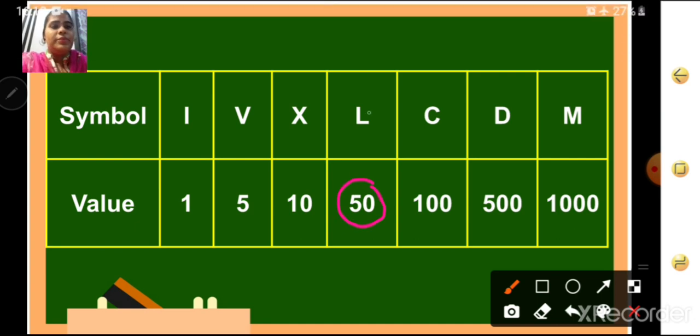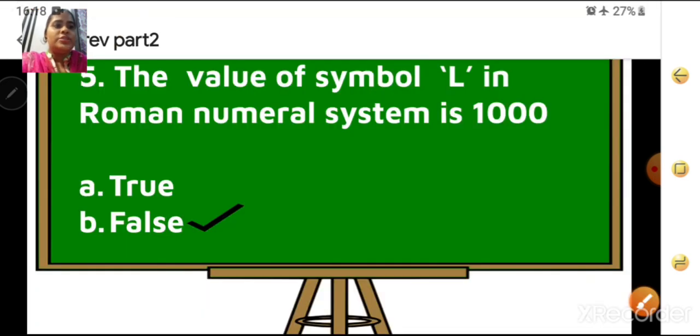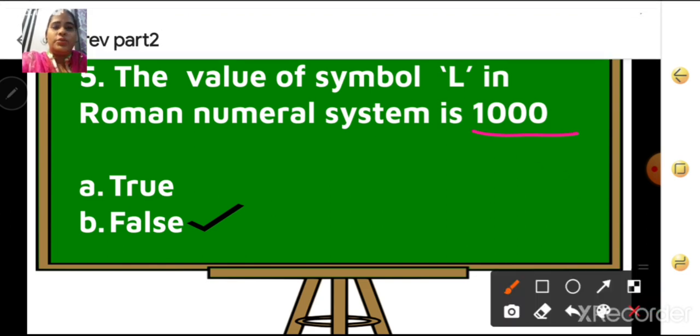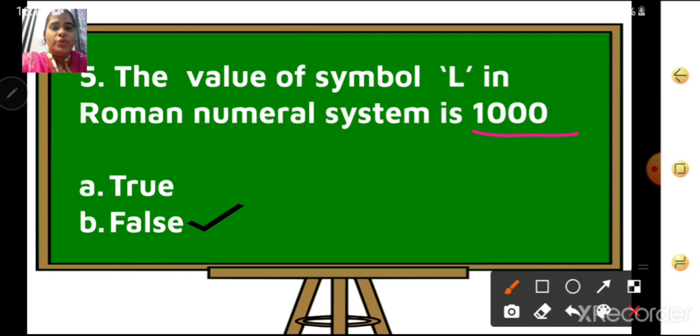Correct? The value of symbol L is 50. And what they have given in the question? They have given 1000, which is not true. So that means the statement is false. We have to click on the option false.